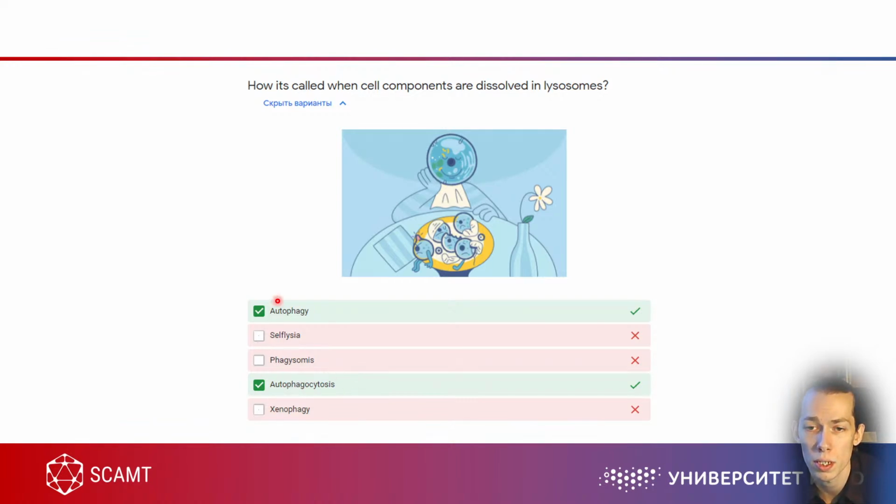So they are synonyms, and all the other things probably do not exist. I do not remember about xenophagy. Maybe it's dissolving of some foreign nanoparticles or foreign bodies, but I'm not sure. So two correct options, of which autophagy is more frequently used.